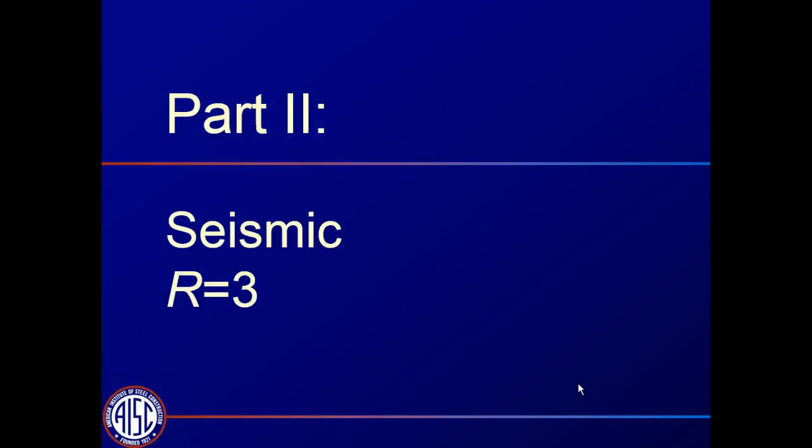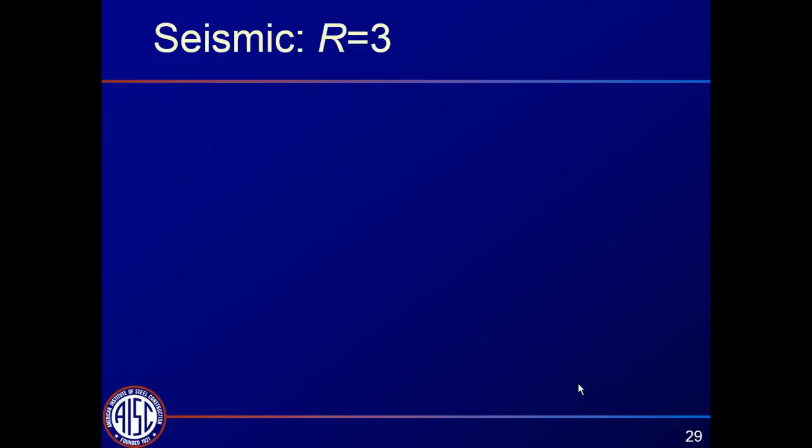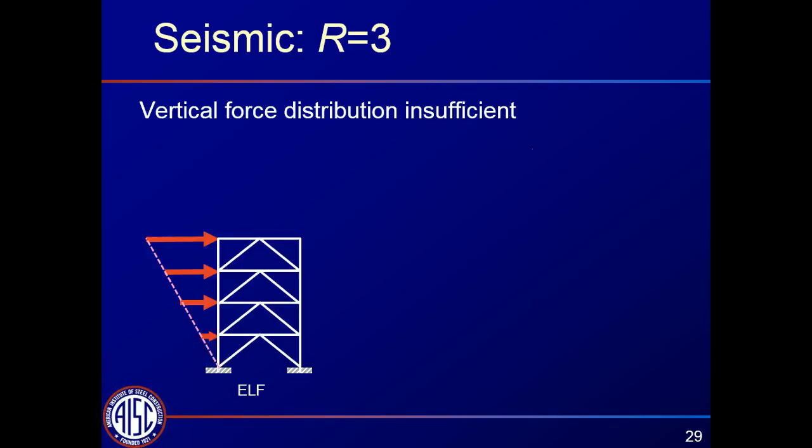Okay. So now let's make it just slightly more complicated by talking about the collector force, the diaphragm acceleration F sub P, and the corresponding collector force. As a reminder, we typically have a simplified vertical force distribution that we use for the design of our braces.